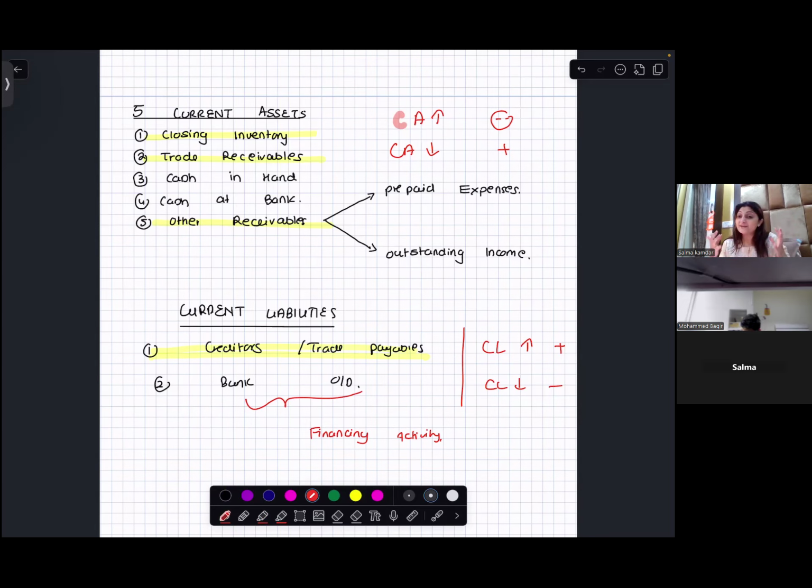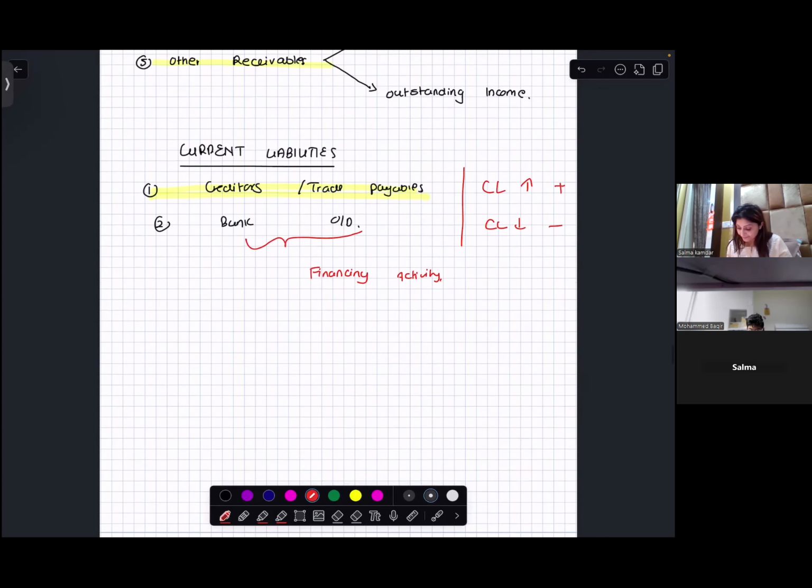That means you financed your business by using this extra money. So it's a financing activity. If bank overdraft has increased, then it is an inflow. If bank overdraft has decreased, then this is an outflow. Are you with me?